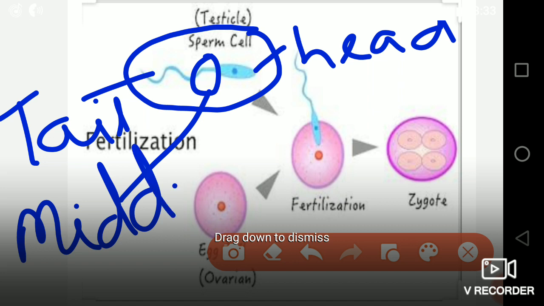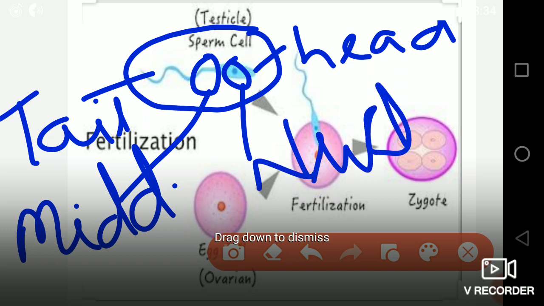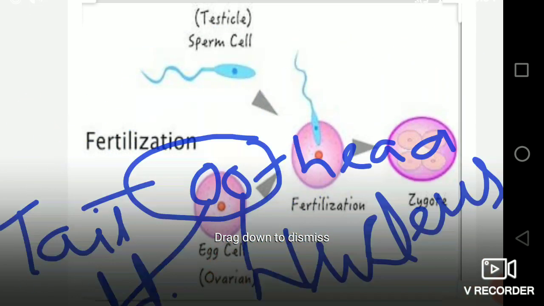Now this tail helps in the movement, and this head fuses with the ovum. You can see that it fuses with the ovum, and the dot-like structure is the nucleus present. So this is about the sperm.